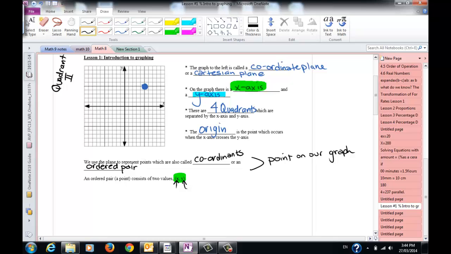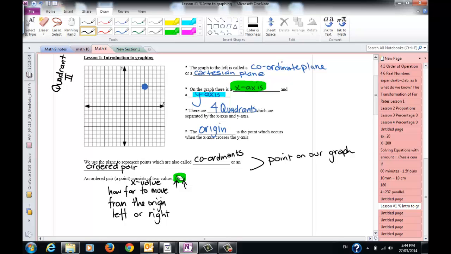And all that the x is telling you is how far to move from the origin, left or right. So that is our x value.